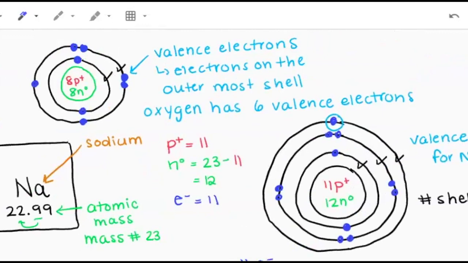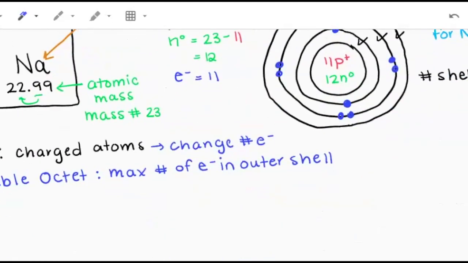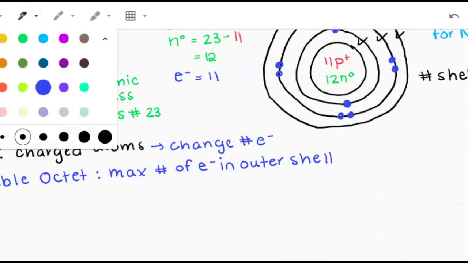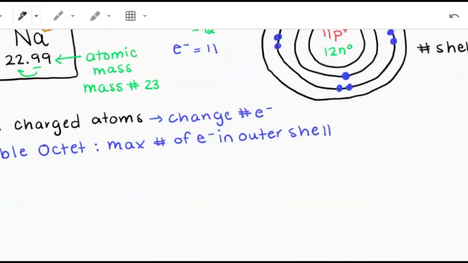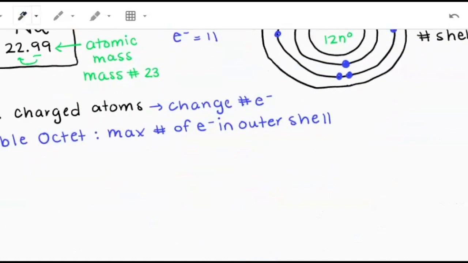It only has 6 in the outer shell. It's encouraged to go into a compound to have 8 in its outer shell. And there is a way that we can predict how that's going to happen. So if I look at oxygen, again, I'm going to draw the Bohr-Rutherford.